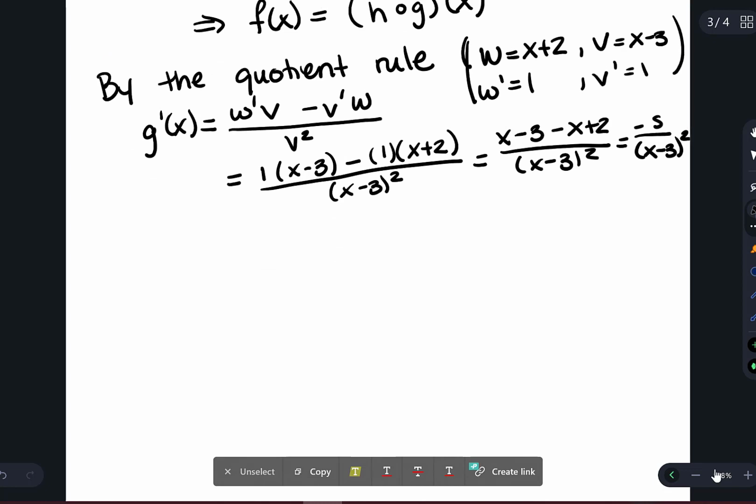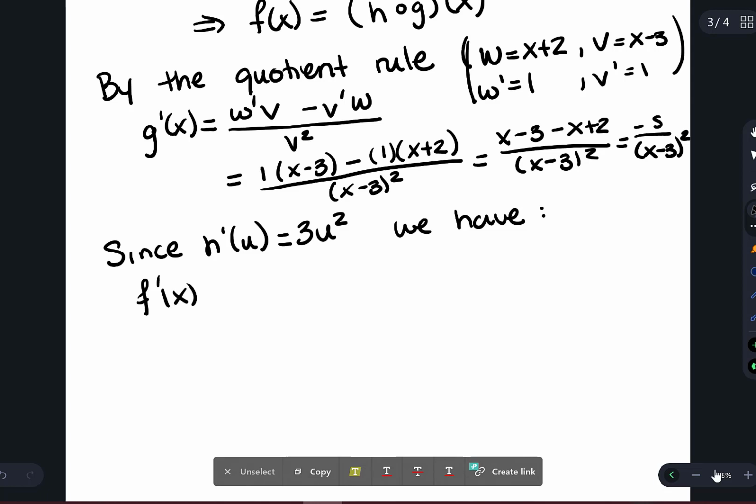And so next, we could find the derivative of h of u. And so by the power rule, we know that the derivative of h of u is equal to 3 times u squared.